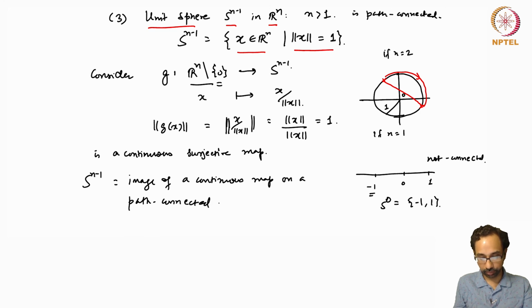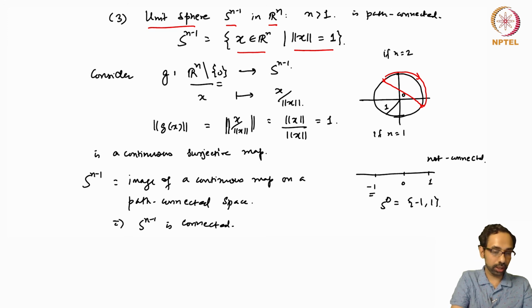Just as we proved that the image of a continuous map of a connected space is connected, we can also show that the image of a continuous map on a path connected space is also connected. So Sn-1 is connected.